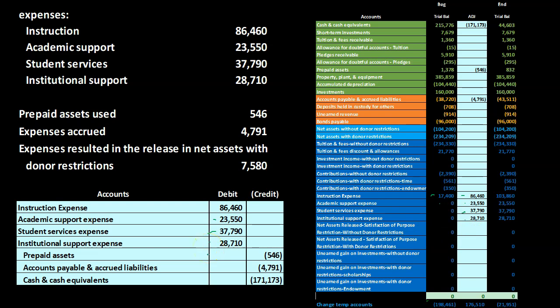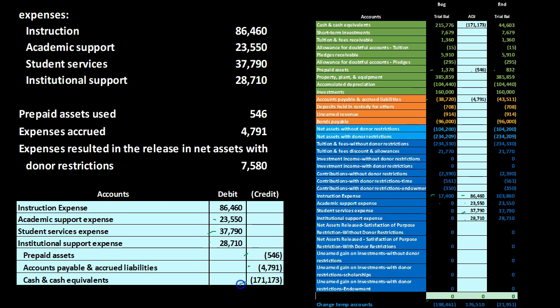We then have the credit to the prepaid assets up top in the assets section at 1,378, going down as they have been consumed by the 546 to a balance of 832. And then we have the accounts payable and accrued liabilities, a liability account of 38,720, accruing, going up by the 4,791 to the 43,511.